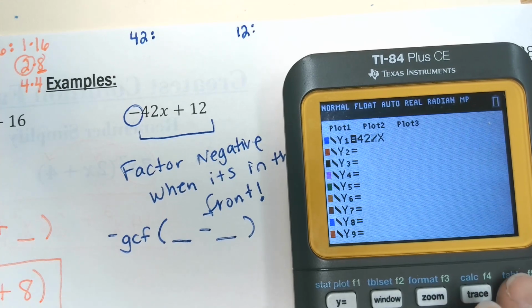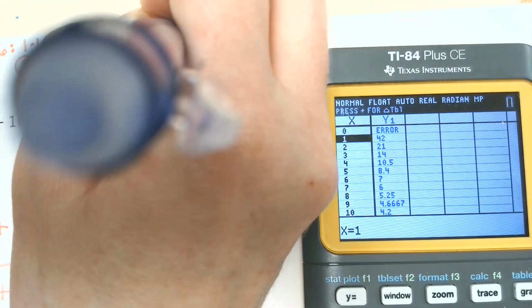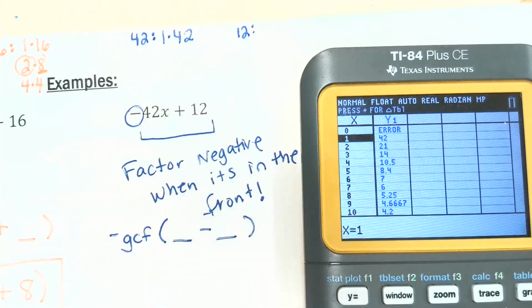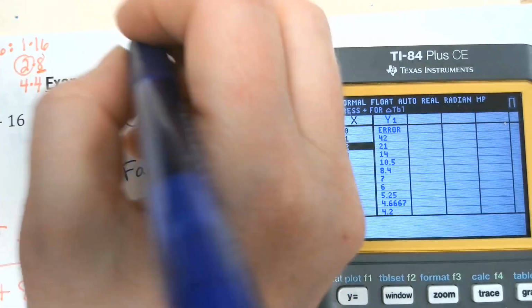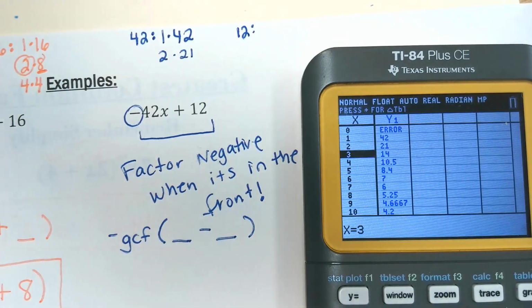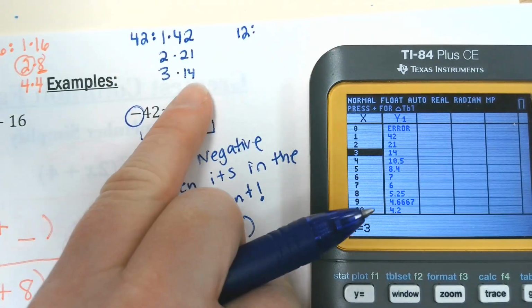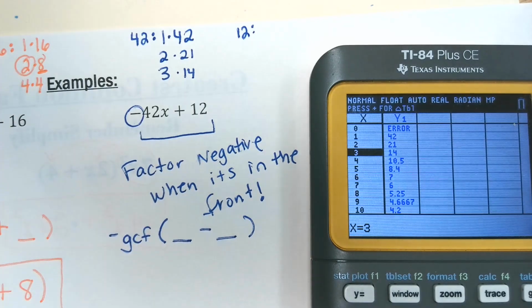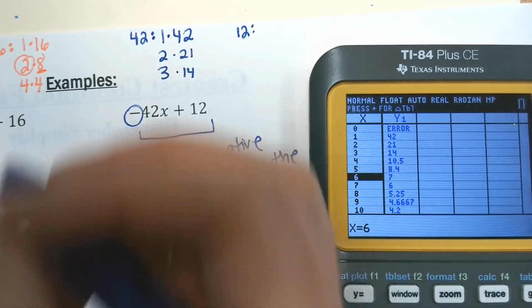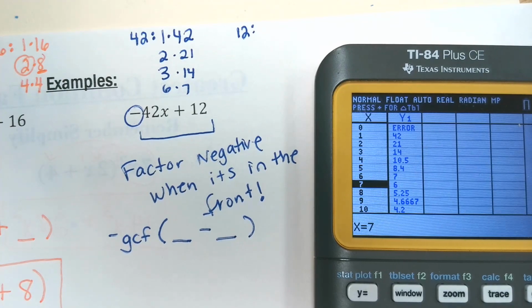And then go to second graph for the table. Let's list them out. 1 times 42. 2 times 21. 3 times 14. That's one that I always forget whenever I try to do it by myself without the calculator. 6 times 7. Then the next one's 7 times 6. So I know we're done.